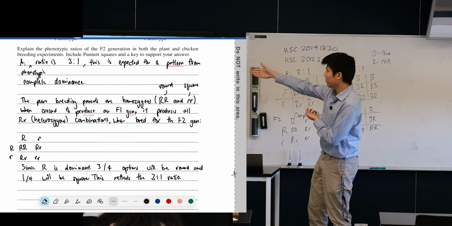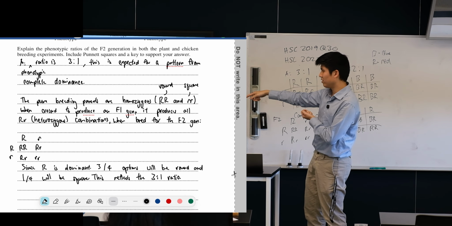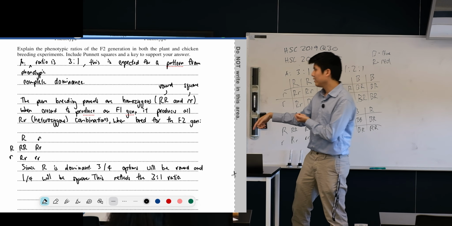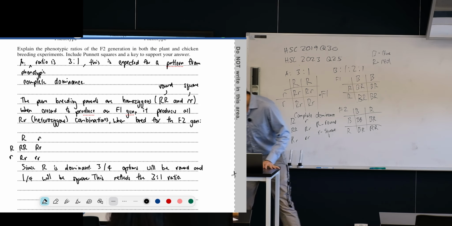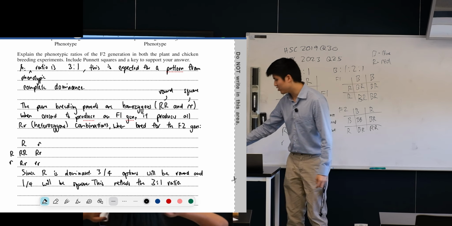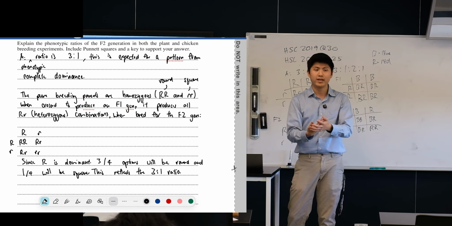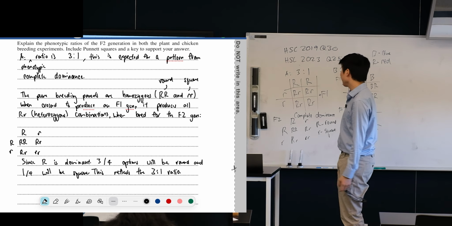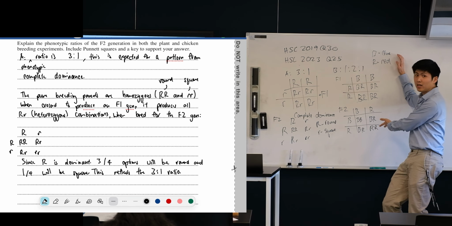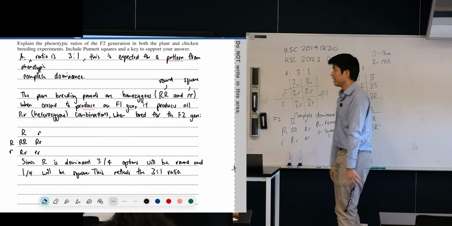I've added a key, I've assigned genotypes for parent, and then I've given the phenotypic ratio again and linked it back to my explanation. Now, you have to do this twice, because I just did this for graph A. You got to do this whole same thing again and repeat it for graph B, but using this set of data instead. And if you did all that, you should get 5 marks.